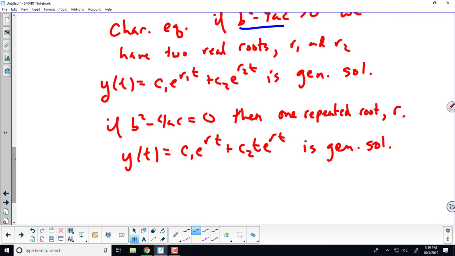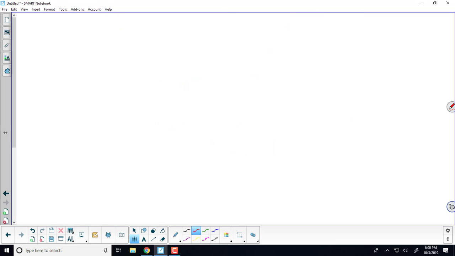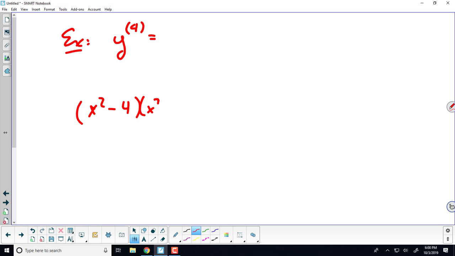So let's give ourselves a real easy one, just so I could show you that. For Tony's question, let's say we had y fourth is equal to, I need something that factors by grouping. So, x squared plus 2, x squared minus 4 times x squared minus 9.